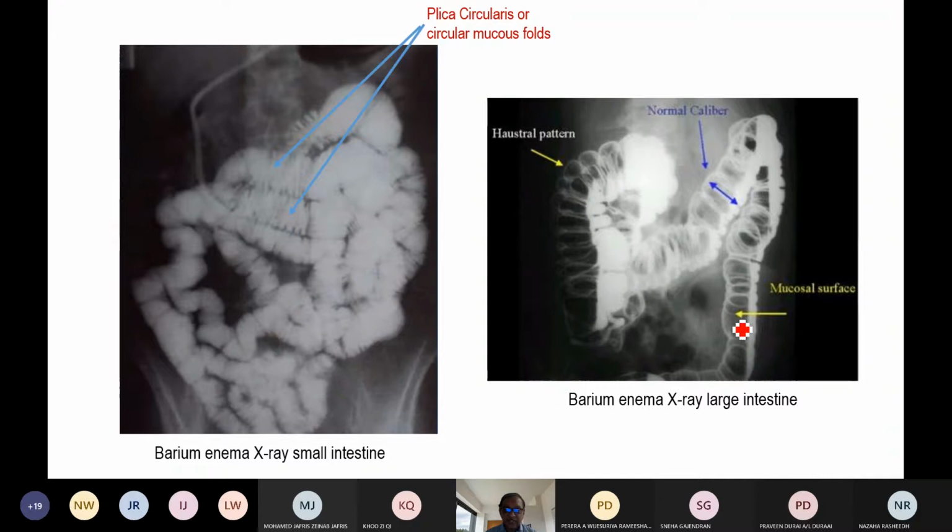This is called 3, 6, 9. That means if you are radiologically looking at pictures and trying to locate whether dilatation is there or not, obstruction causes dilatation. So whether obstruction is there or not. If it is less than 3 centimeter, that means it is okay regarding the small intestine.